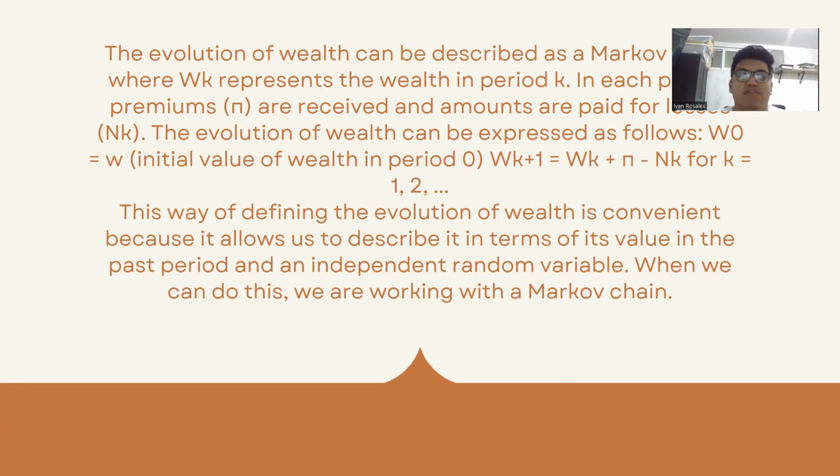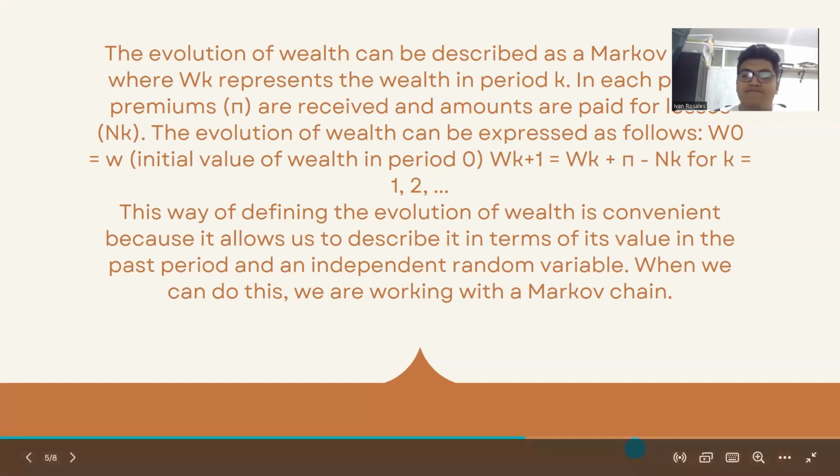This way of defining the evolution of wealth is useful because it allows us to describe it in terms of its values in the past period and independent random variables. When we can do this, we are working with a Markov chain.